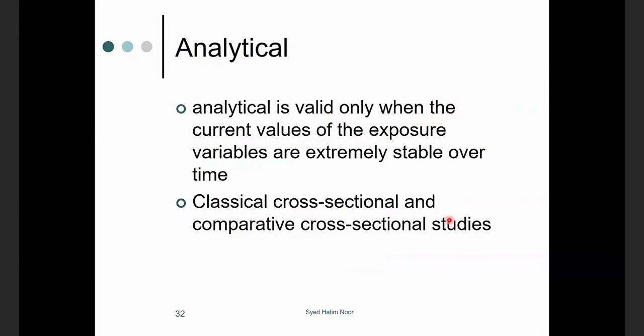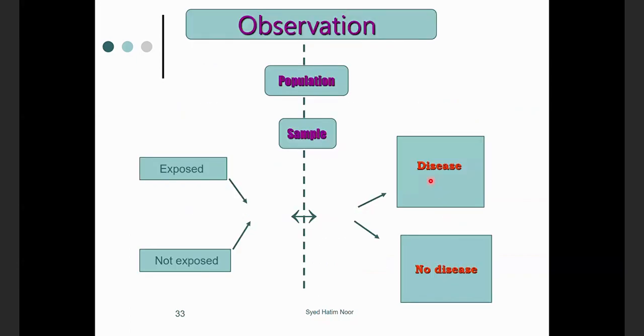For example, your population is women with breast cancer. You cannot afford to take the whole of Malaysia, for example, so you withdraw a sample. You calculate the sample size, and it says you need to take 200 patients with breast cancer. So from the whole population, you withdraw a sample of 200.